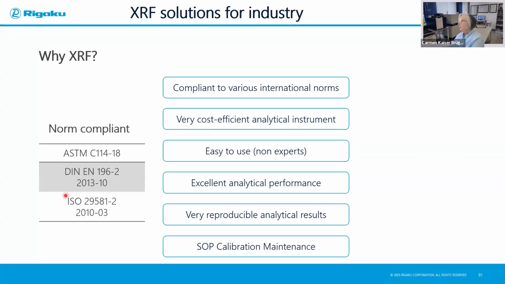We have excellent XRF instruments for industry with very good analytical performance, and all our instruments are compliant with international standards. Here are some examples. And most importantly, not only the instrument, the hardware and software, but also the possibility of having strong service and application support.